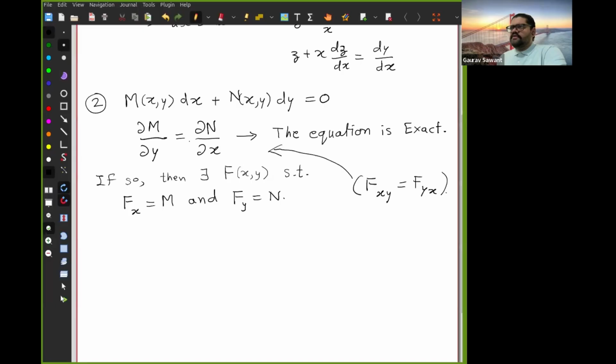Okay. So when such a thing happens, if we are able to confirm that these partial derivatives are equal, then we can choose one of M and N. We integrate with respect to the corresponding variable.